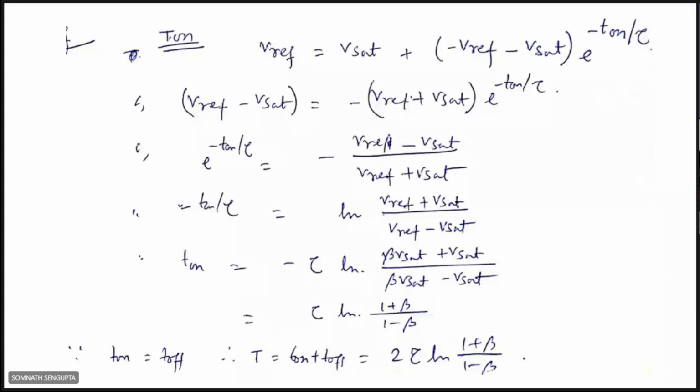I have calculated the time period, based on the formula that we have seen in the case of RC circuit, which is based on initial value and final value. That formula we have used to calculate the time period.